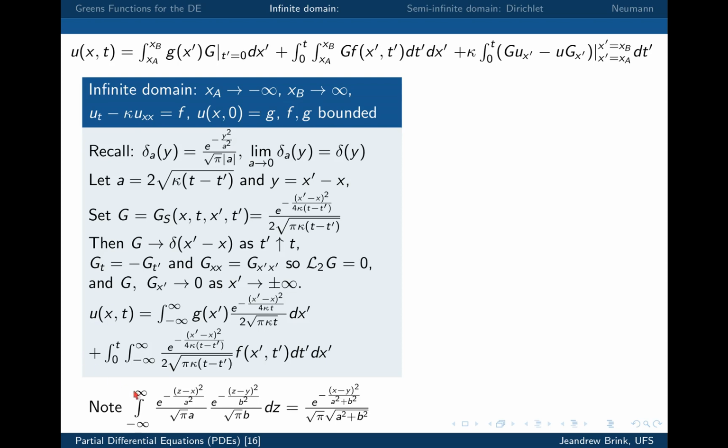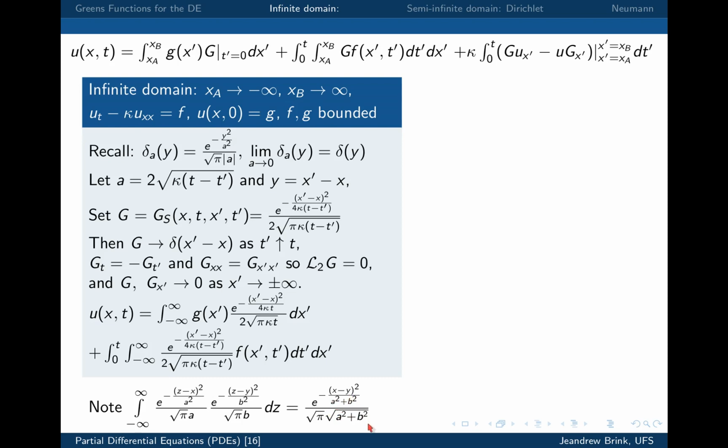If you integrate two Gaussians together, in other words, I've got one Gaussian distribution with argument Z minus X, and another Gaussian distribution where the argument is Z minus Y, and I work out the integral from minus infinity to infinity, then the result is just a third Gaussian, with a different standard deviation.